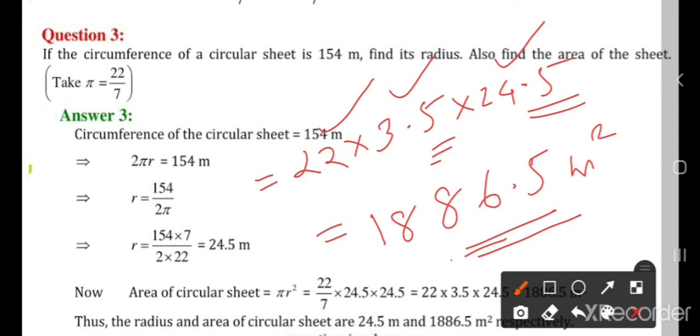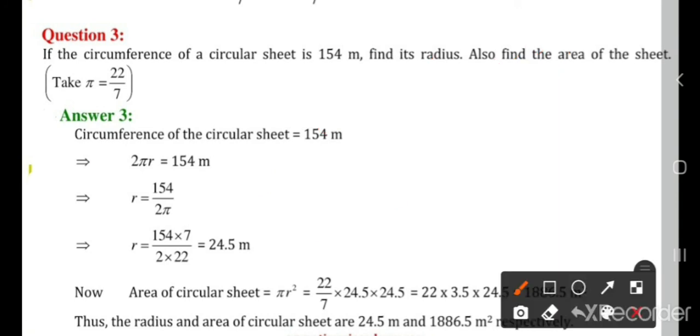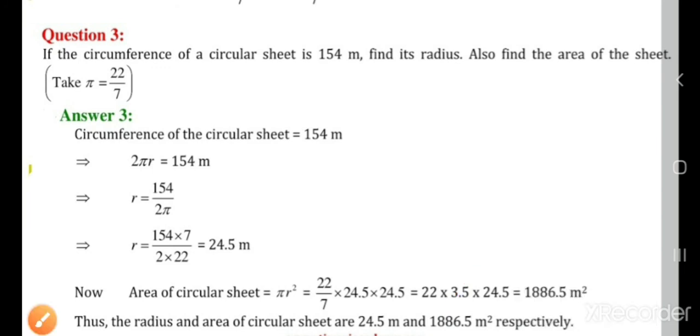This is the final answer. 1886.5 meter square is the area of the circle. Now we will go to the next question.